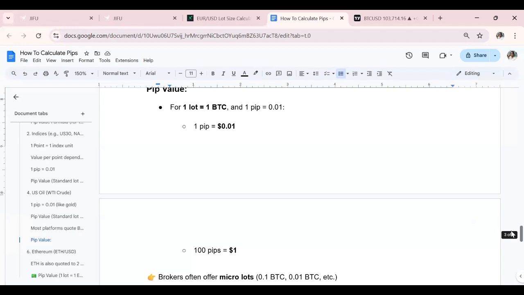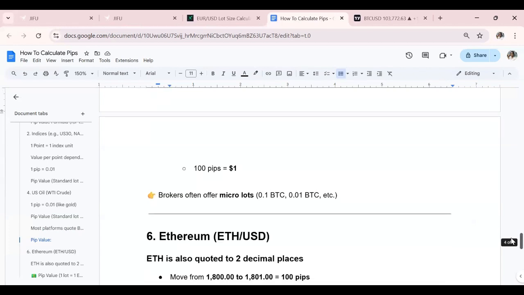If BTC moves by 500 pips, that means you made $5. And then there are other micro lots, 0.1, 0.01, etc.